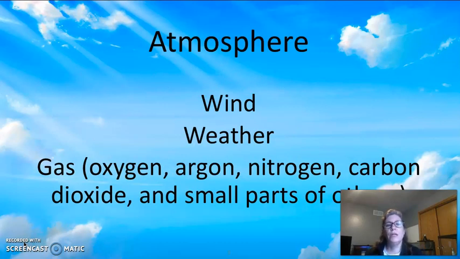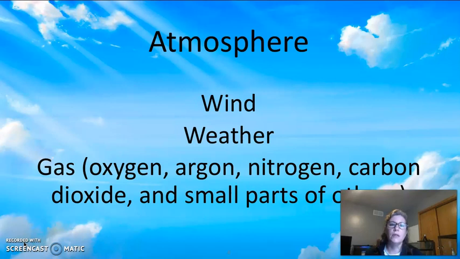So we saw in the video some examples of the wind and weather. They had some really incredible video of tornadoes and dust being blown around and so many different types of clouds.